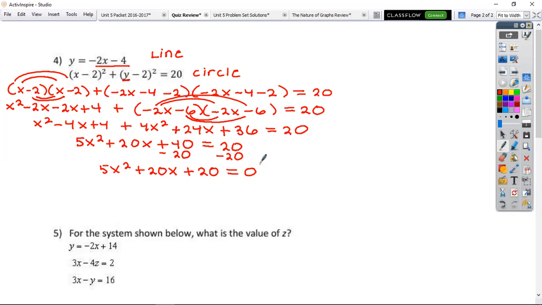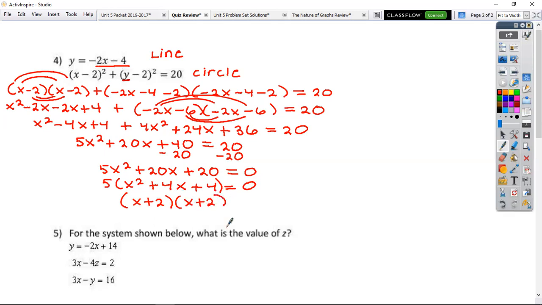Okay, so what method of factoring can we do here? Yep, GCF. So I am left with x squared plus 4x plus 4 equals 0, which is nice because this factors further into x plus 2 and x plus 2.